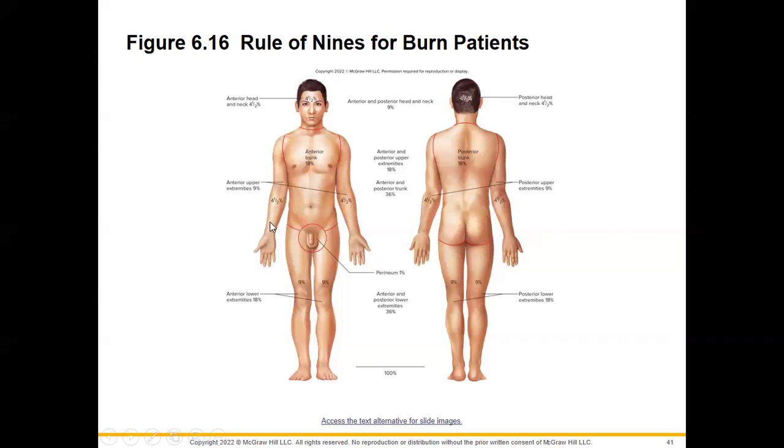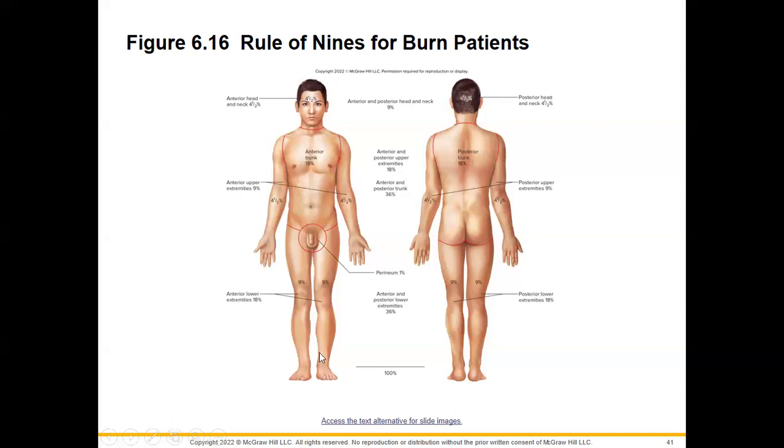The anterior upper arms are, I'm sorry, 4.5%. The posterior upper arms, 4.5%. So posterior of both sides is 9, anterior of both sides, 9. And then each leg posterior is 9, anterior is 9.